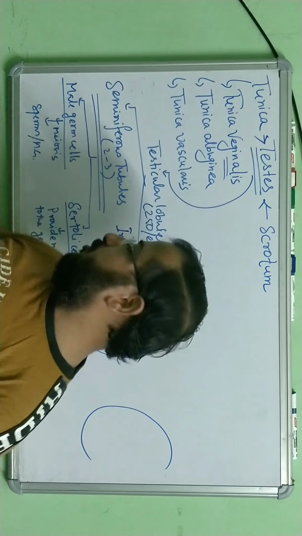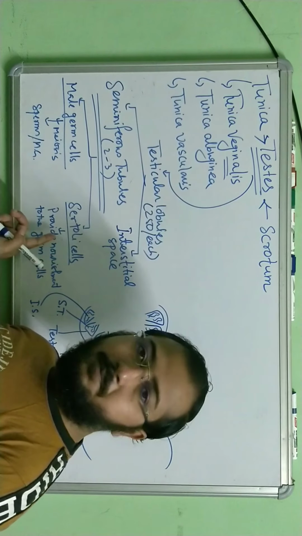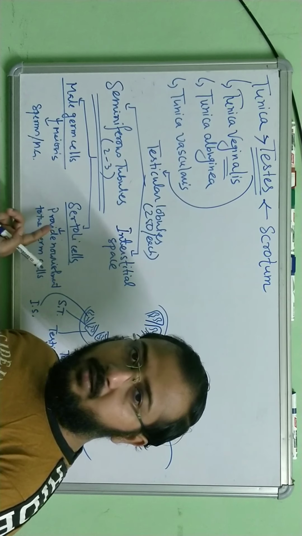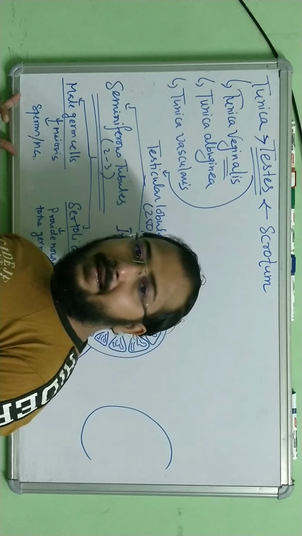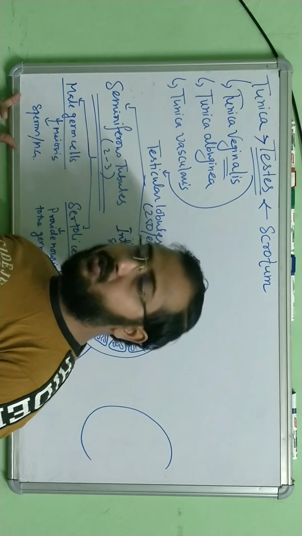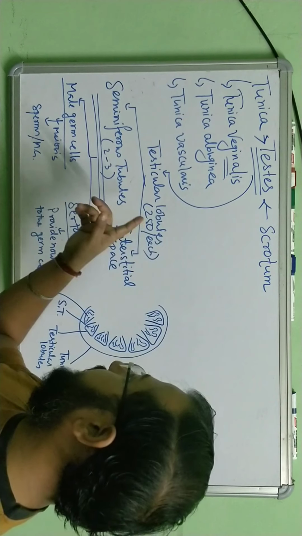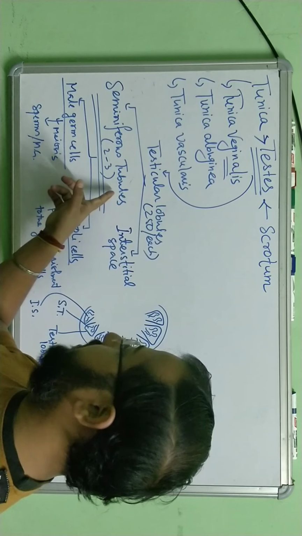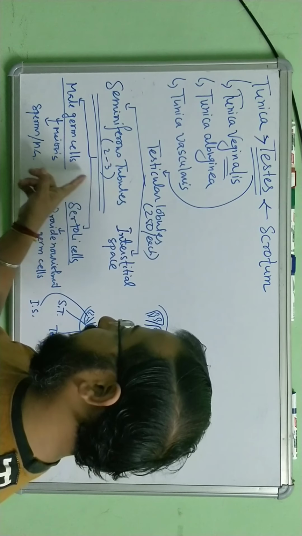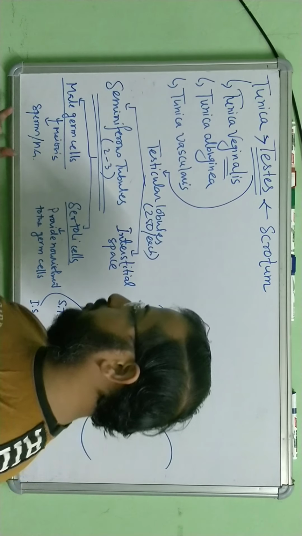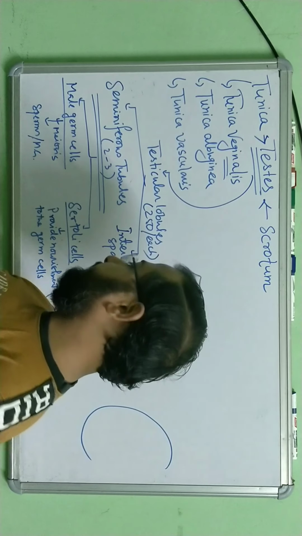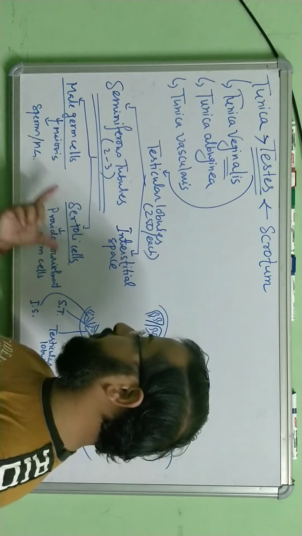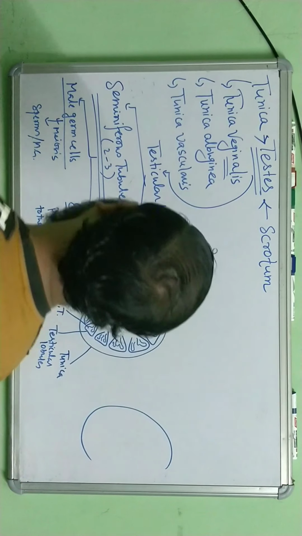Those nutrients are provided by the Sertoli cells present inside the tubules. So we come to know the exact location where the male gametes or sperms are produced. It is in the testes, the lobules, where the seminiferous tubules are, and the germ cells inside the seminiferous tubule produce the sperms, the male gametes. And then the cells which provide nourishment. Clear?